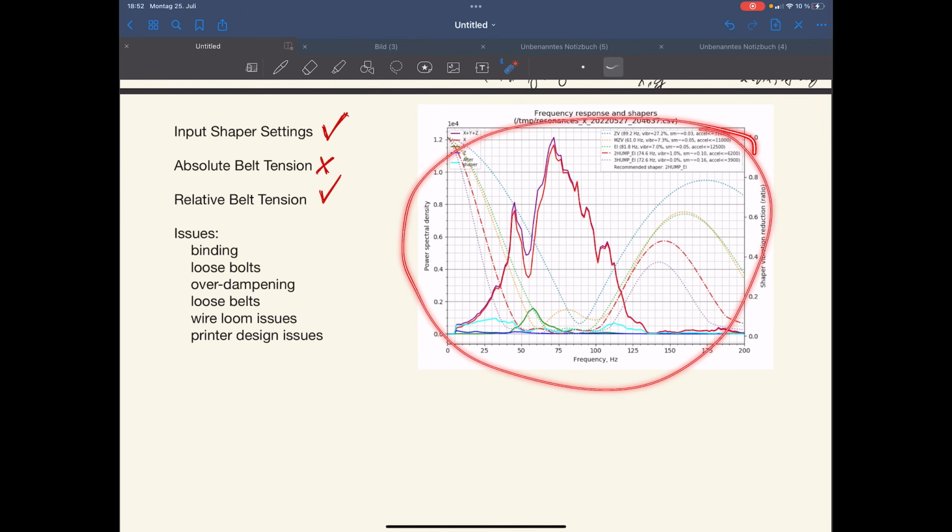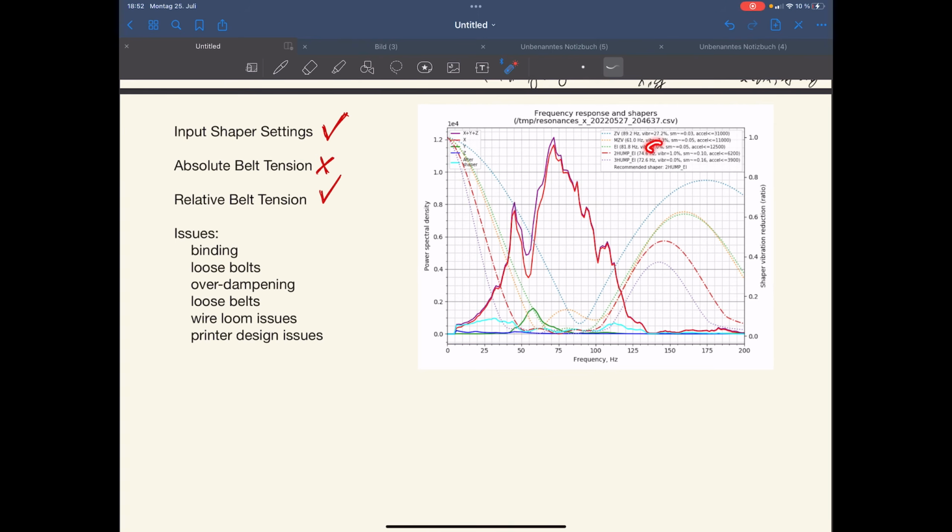So this is one plot where we can see multiple issues actually. Issue number one is that we have those rough edges here. And this is actually due to the wire loom. This one was measured on a V-Minion. On the x-axis, this V-Minion had some real issues. You can see it in different things.